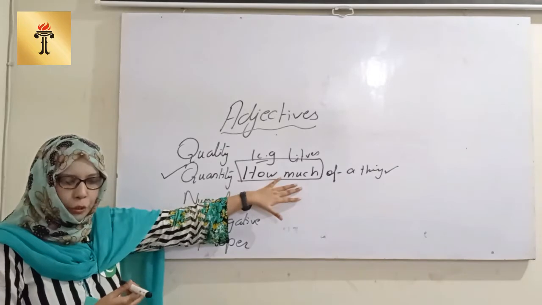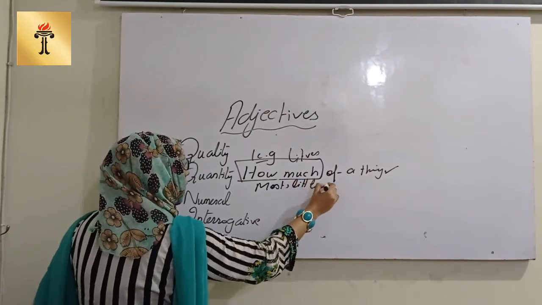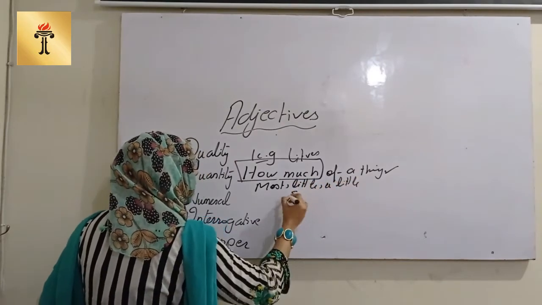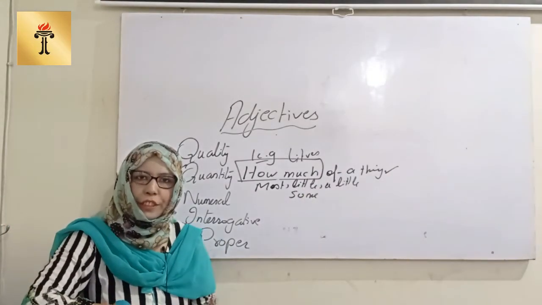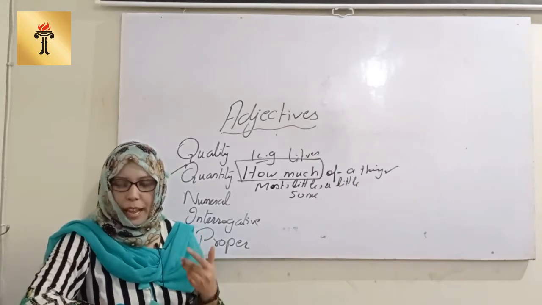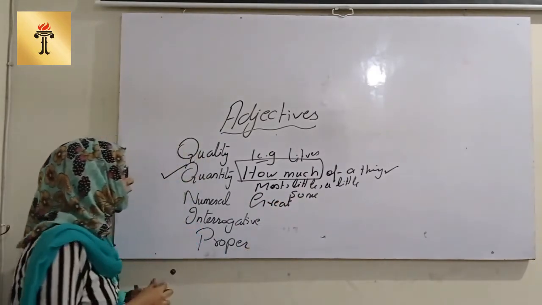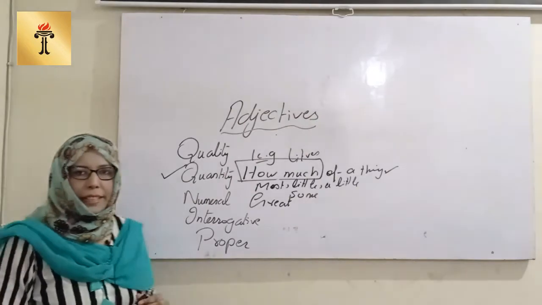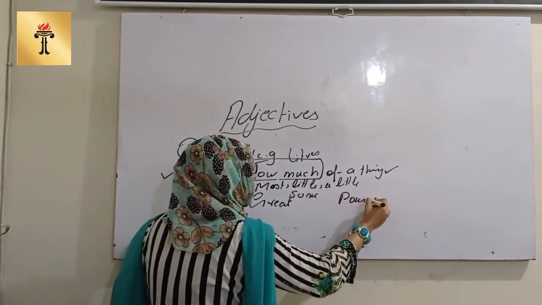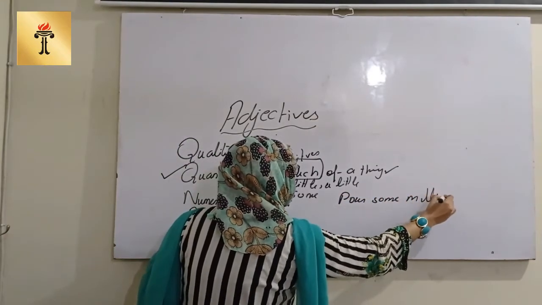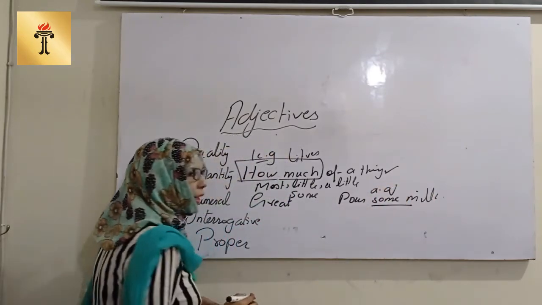The words which can be used with them can be most, little, a little, few. I am narrating, please write it down: both, sufficient, enough, half, any, whole, great. This is the quantitative adjective, or adjectives of quantity. If I write "pour some milk," this "some" will be an adjective of quantity.